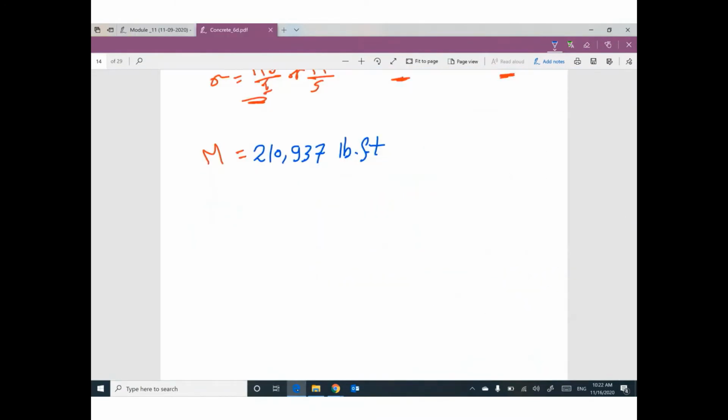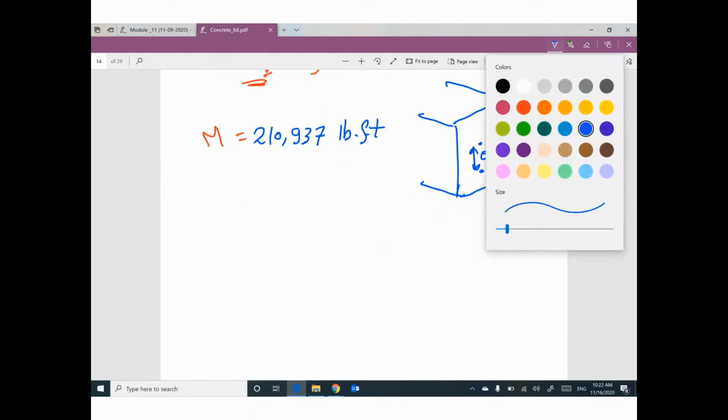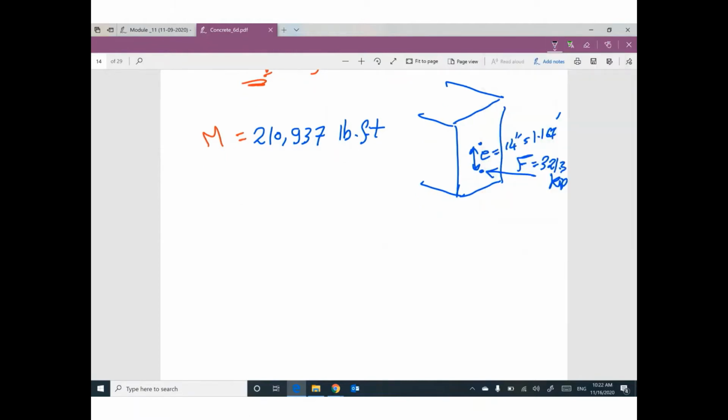And we have a cross section with a force here equal 321.3 kip with eccentricity equal 14 inch, which is 1.167 feet. Can you go ahead and draw or calculate the stresses?